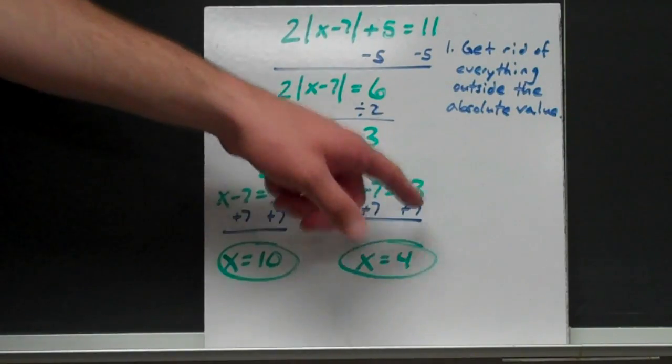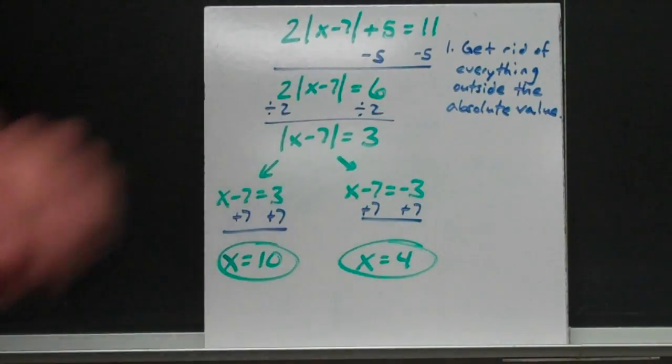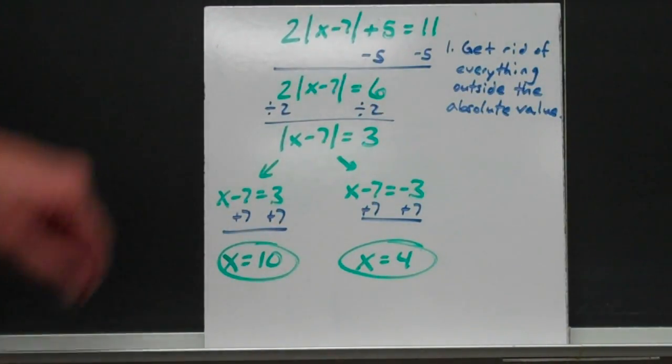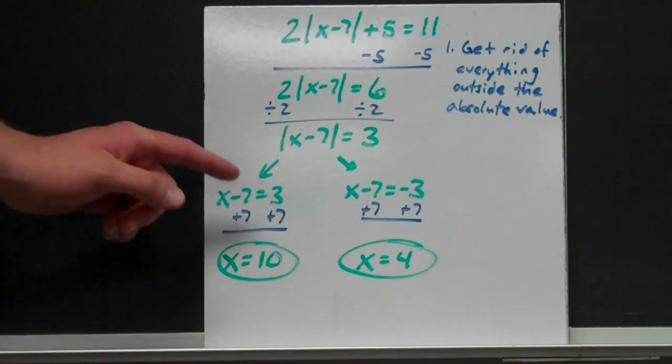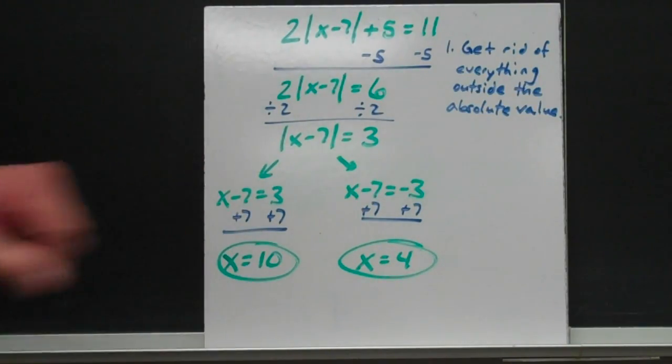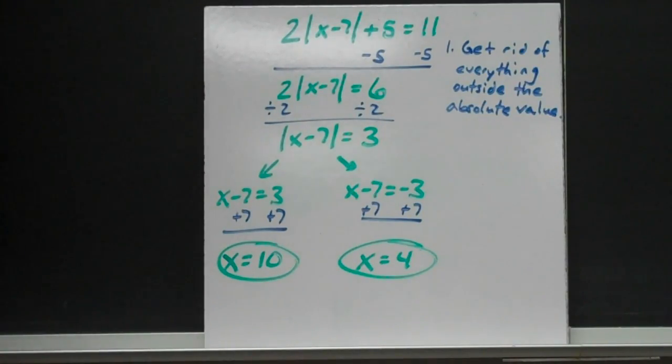Positive 3 and negative 3. So x minus 7 must equal positive 3 or x minus 7 must equal negative 3. Because that's what we want inside the absolute value. And then we solve each one. So we add 7 to positive 3 and we get x equals 10. We add 7 to negative 3 and we get x equals 4.